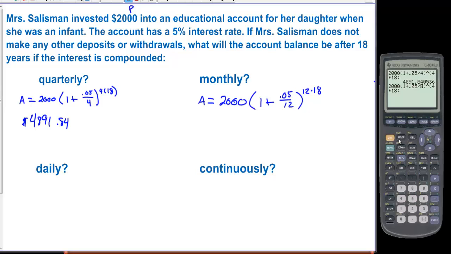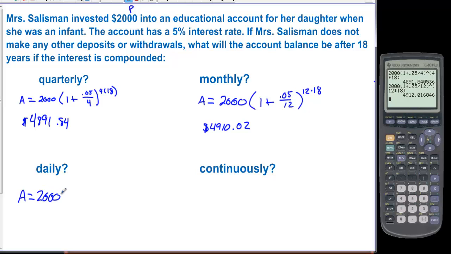So maybe we insert the 12 and then delete out the 4. Then go over to the 4, insert 12, and delete out the 4. We have $4,910.02.